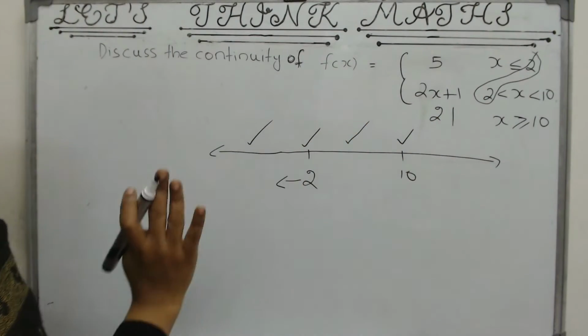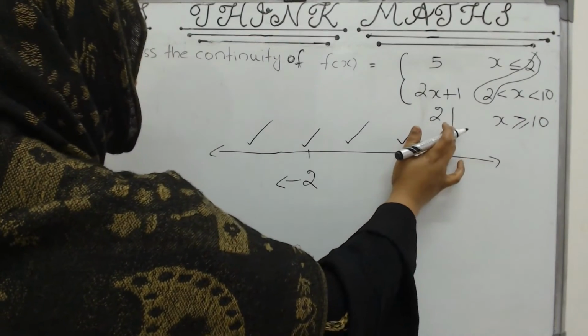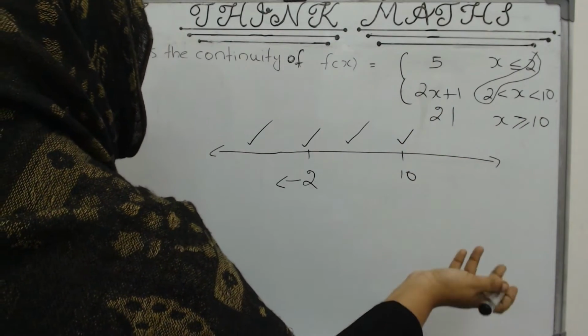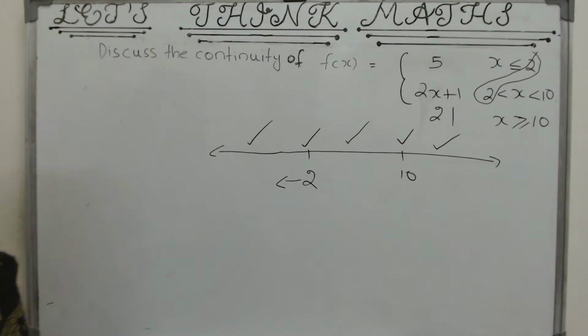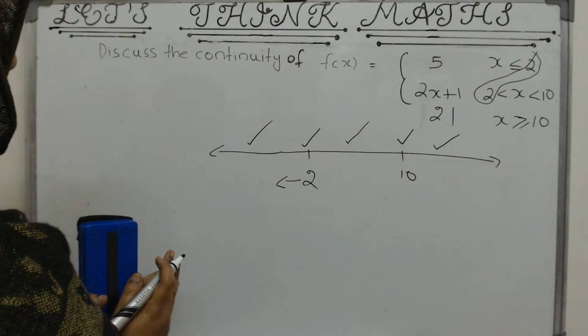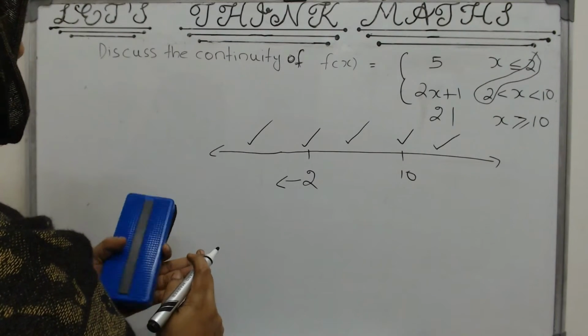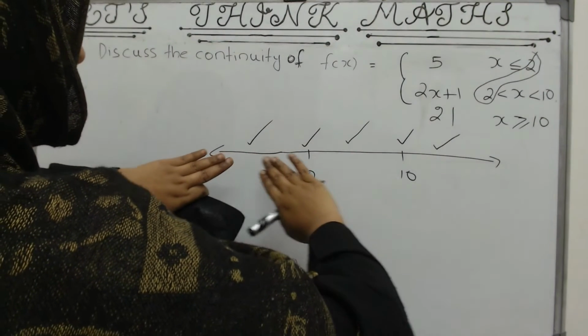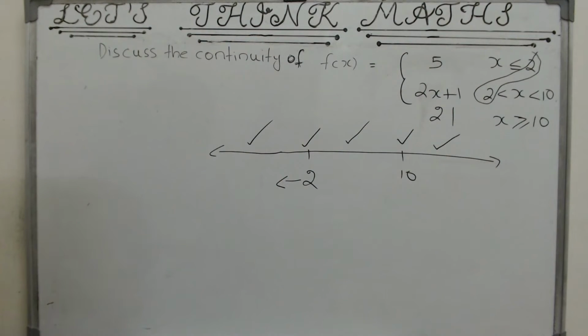So here also it is continuous. What happens after 10? It is 21, which is a constant function. Constant functions are continuous. So here also it is continuous. So what have we proved? Using the properties and the examples of continuous functions, we have proved that over the whole of the real line, it is continuous. Now we go on to the next question.